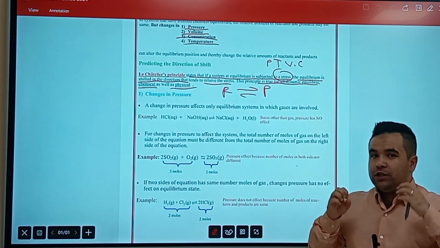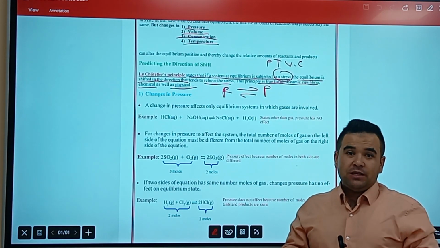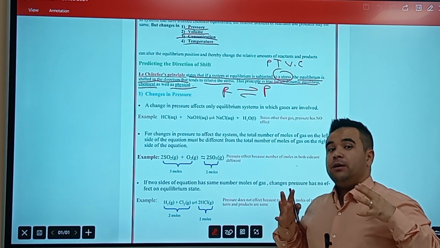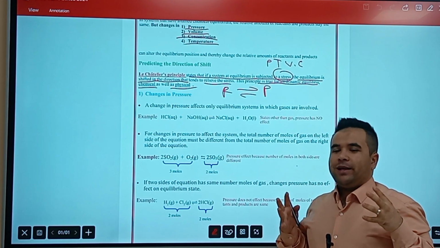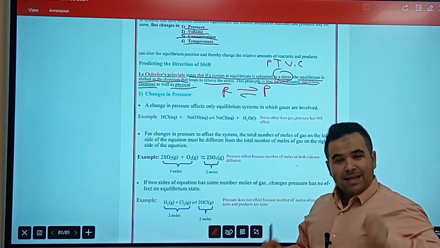As the stress in these factors, in these conditions, happens, we have three positions. First, the system is at equilibrium.